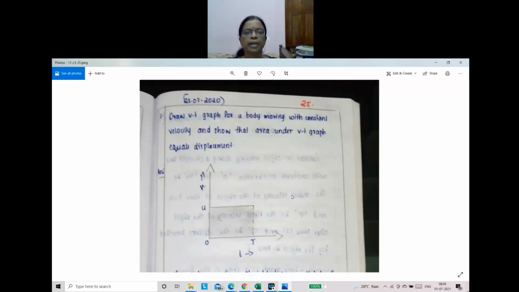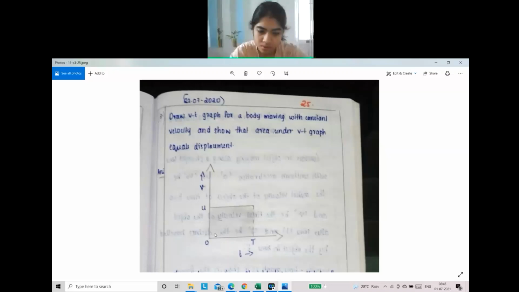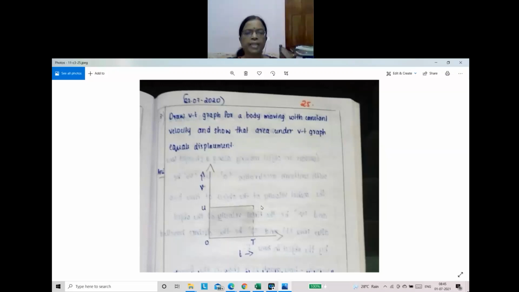When you mark the area under the graph, what is this figure? It becomes a rectangle. Yes, a rectangle. How will you find the area of a rectangle? Length into breadth, L into B. Here, what is the length? 0 to capital T, that is the length.